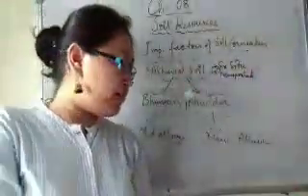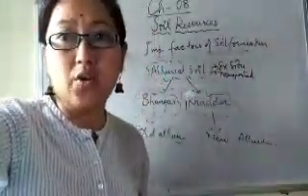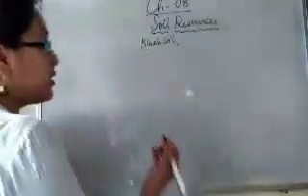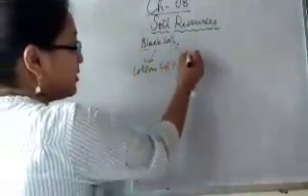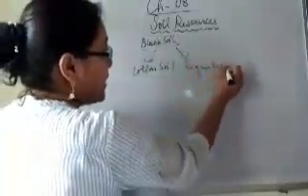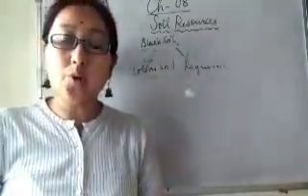Now the next soil we have is black soil or regur soil. Black soil is also known by different names: black cotton soil, and also regur soil, R-E-G-U-R, and it is an in situ soil. Now what is in situ?